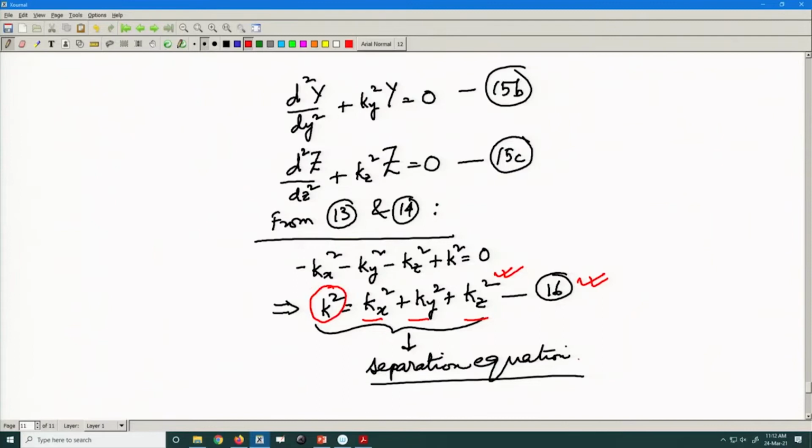Therefore, the separation equation is a simple, but a very powerful tool in electromagnetic analysis, and we will have the chance to meet this equation many times in the analysis of waveguides.